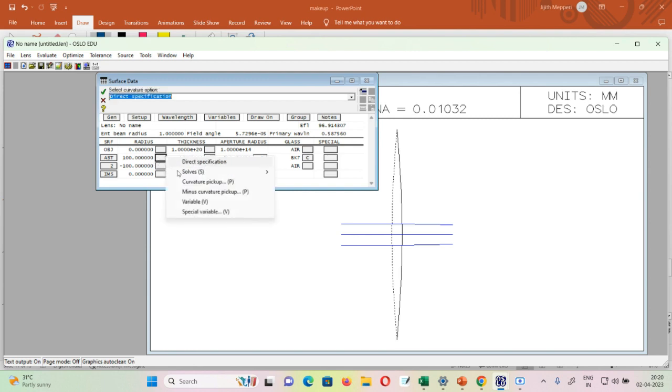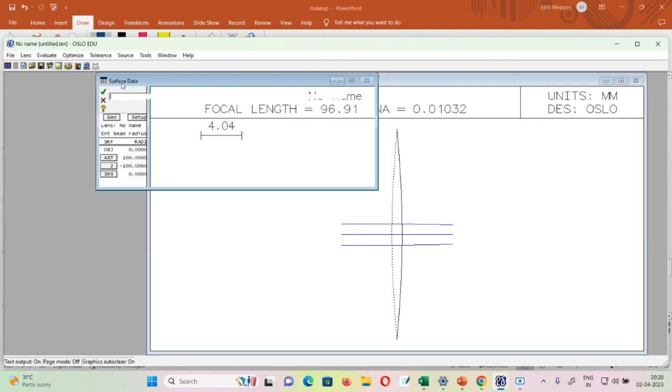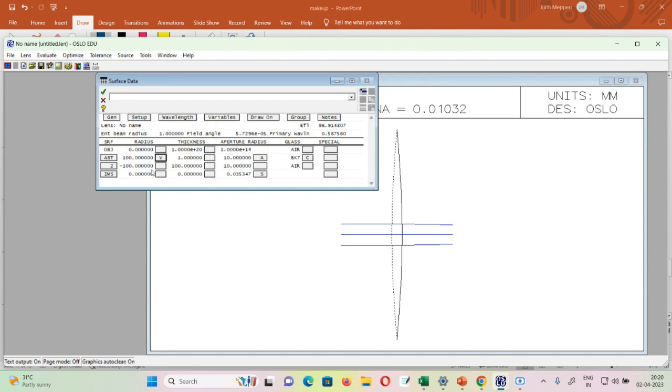So first we have to put this as my variable. I want to change both the radii, and I want a double convex lens, so both the radii of curvature should be the same.